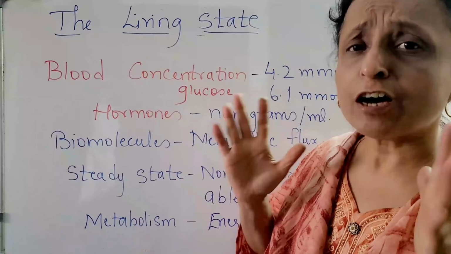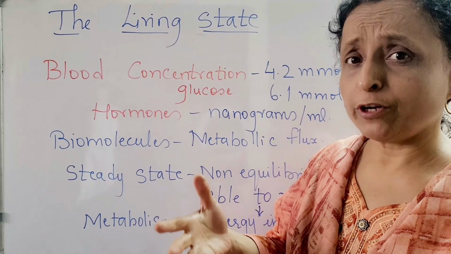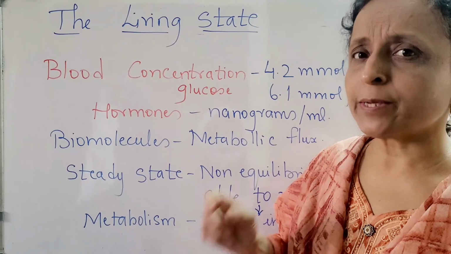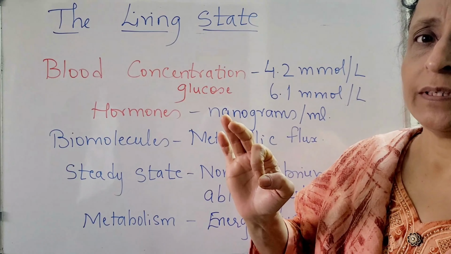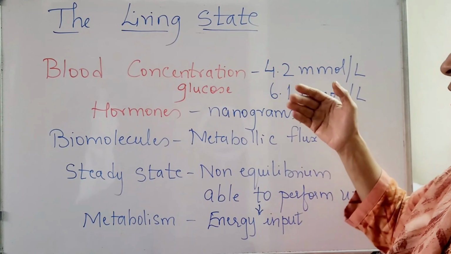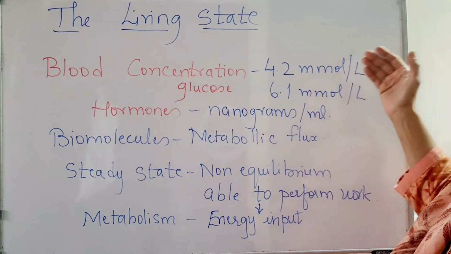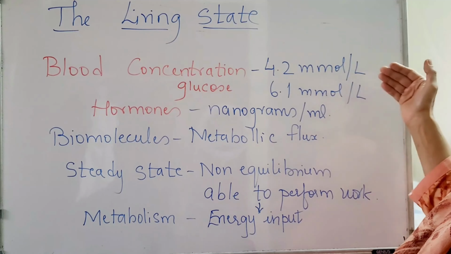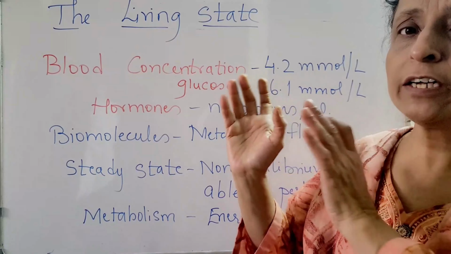Now there are thousands of compounds which are formed in our body. Those are molecules, those are metabolites, but they will be in definite amounts. For example, the blood concentration of glucose has to be from 4.2 millimoles per liter to 6.1 millimoles per liter. It cannot be less or more.